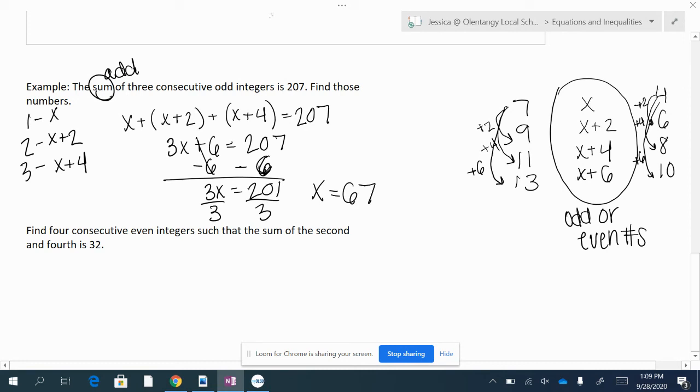And again, just make sure you tell me all 3 numbers. So if x is 67, then this would be plus 2, which is 69. 67 plus 4 is 71. Wow, I'm struggling. So those would be my answer.